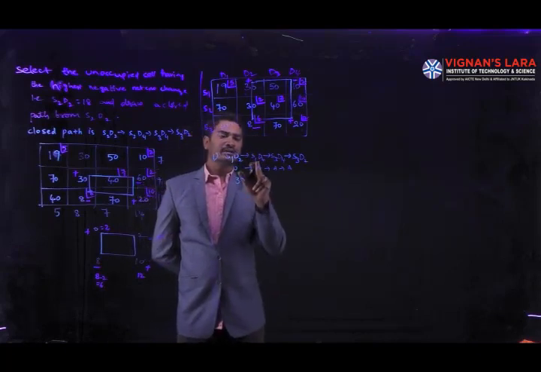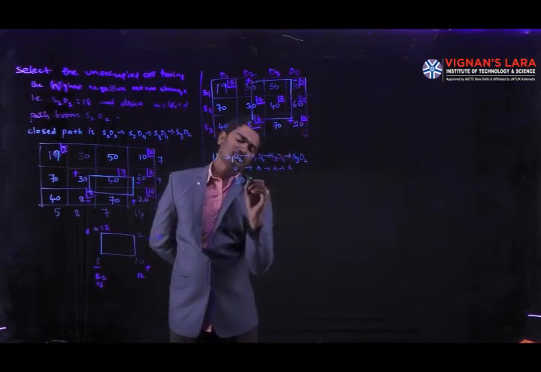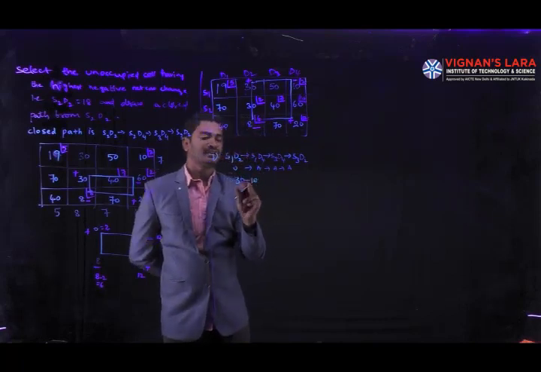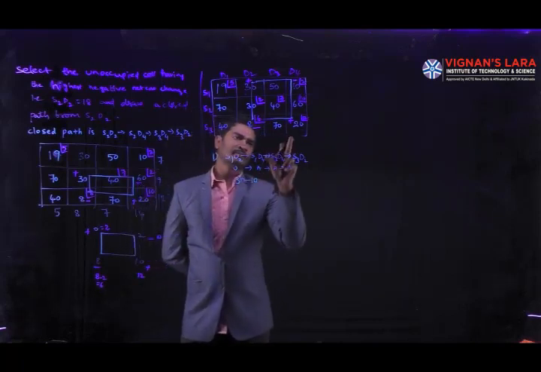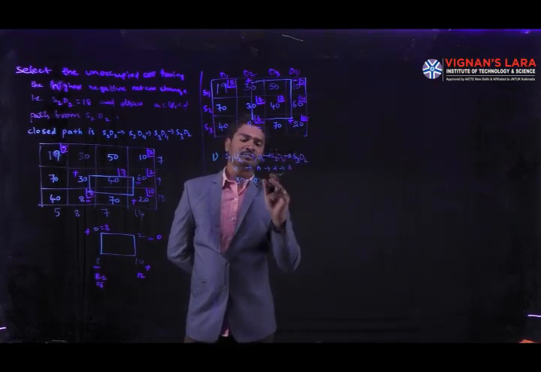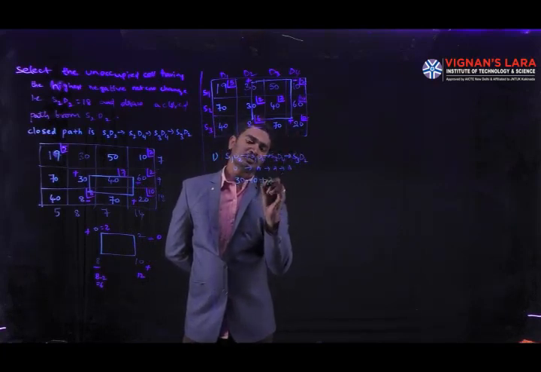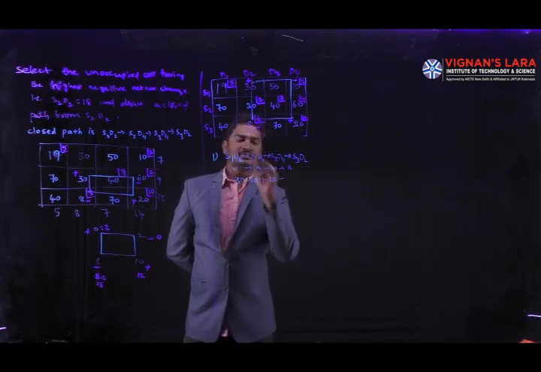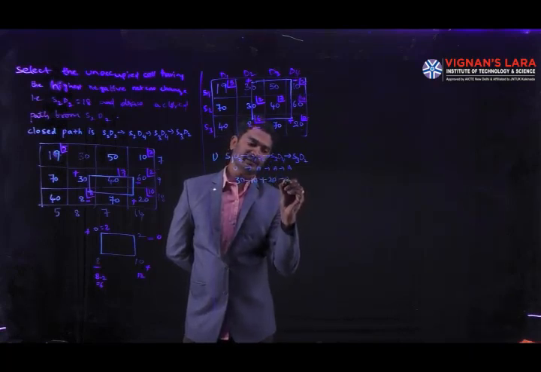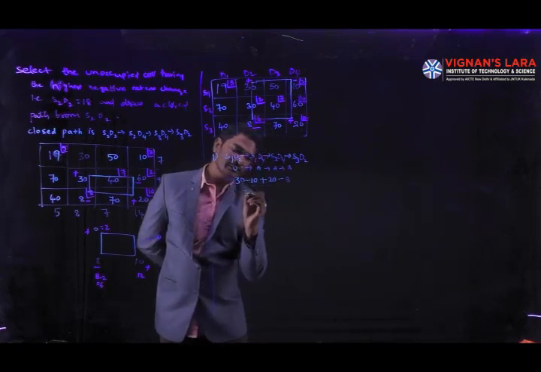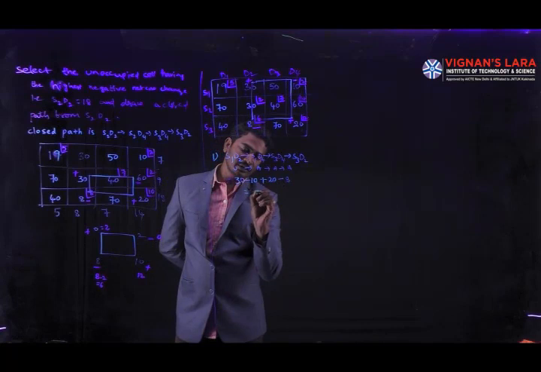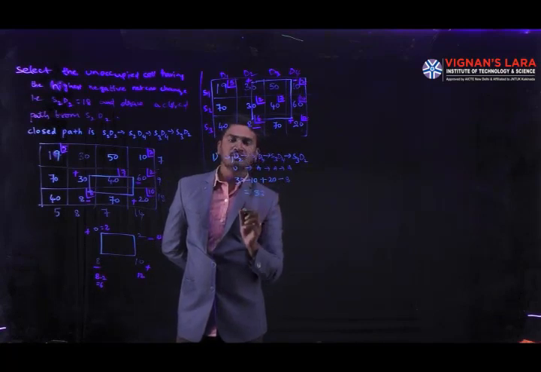Then coming to S1 D4, the cost value is 10, and the sign is minus. Next S3 D4, positive, cost 20. Next S3 D2, 8. From this we are getting 50 minus 28, which is 32. We are getting 32 rupees.